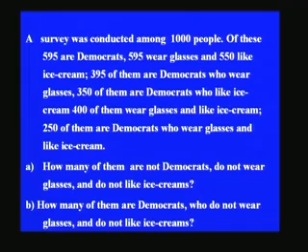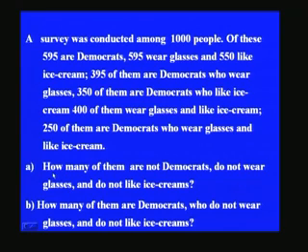Let us take one example and see how you can use a Venn diagram to solve some problems in sets. Just a simple example. A survey was conducted among 1000 people. Of these, 595 are Democrats, 595 wear glasses, and 550 like ice cream. 395 of them are Democrats who wear glasses, 350 are Democrats who like ice cream, and 400 wear glasses and like ice cream. 250 of them are Democrats who wear glasses and also like ice cream.